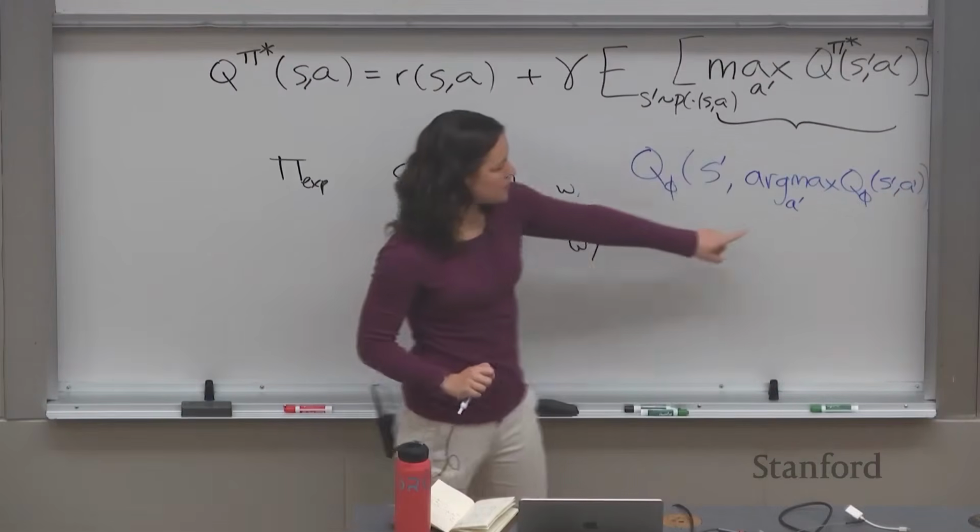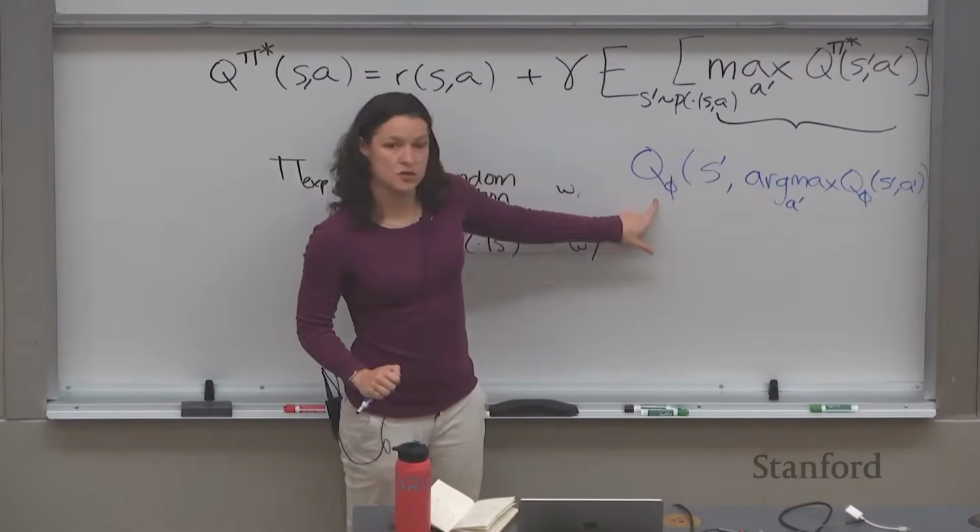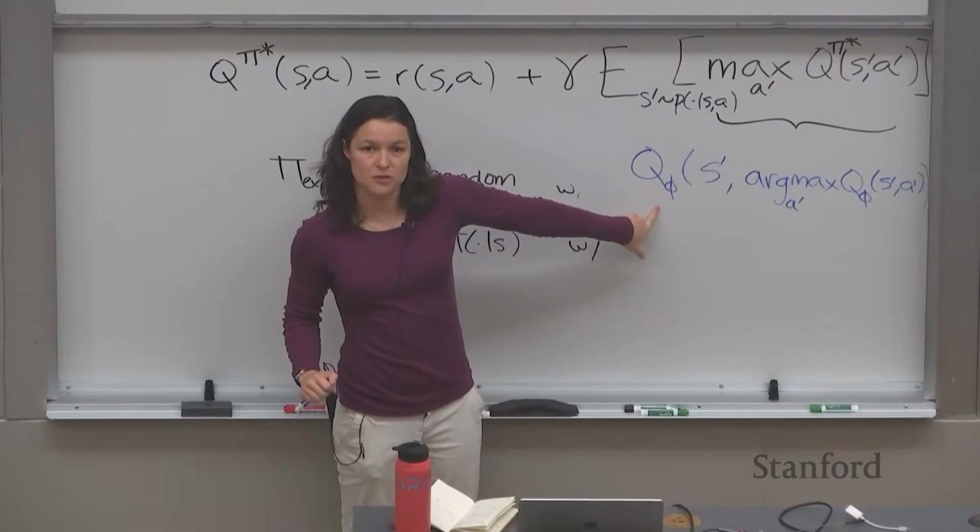And so we're both choosing an action that has a high Q value and evaluating the Q value of that action using the same Q function.